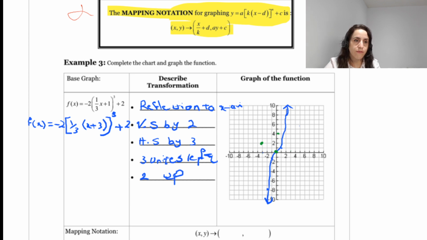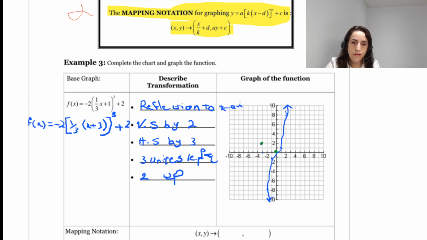I forgot about the reflection at the first point. No way. I erased it by mistake in my actual graph. Okay. I have another point here, negative 1 and negative 1. Negative 1 and negative 1 again.